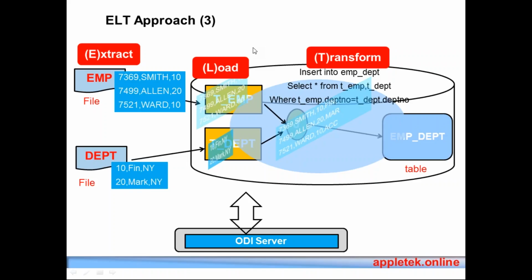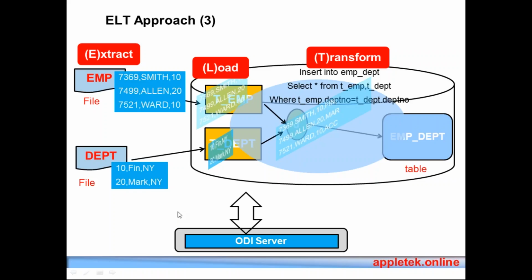If you look at ELT in a one-liner, the data processing is done on a database, but what is the advantage? I don't need a very big server for ODI here. I can just have a very thin layer for the ODI server. Even in real implementations, if you are using an Oracle Exadata database or any big Oracle database, mostly we use the database itself as the processing engine, because we need database power, not ODI server power.